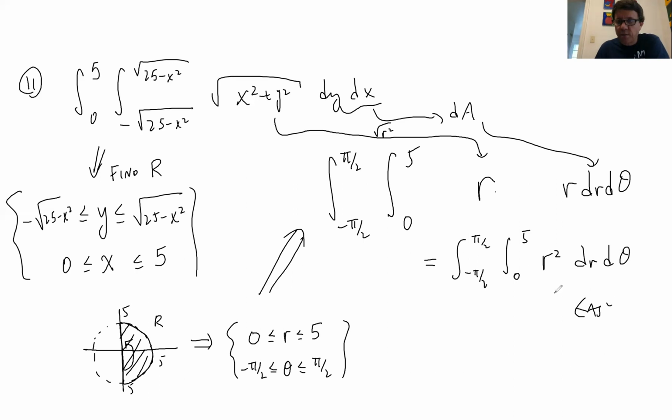That one's pretty easy to do. Just integrate r, plug in 0 and 5, integrate, get theta, plug in the bounds. And so I'll let you figure that out. 13 is similar, just keep getting more practice here.